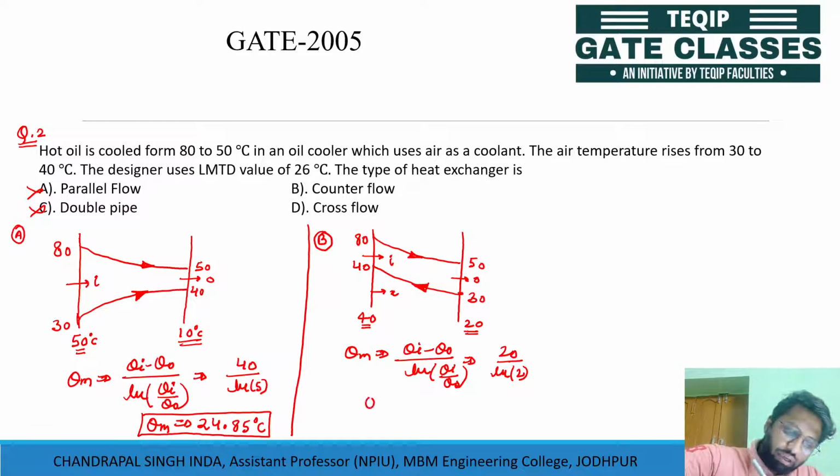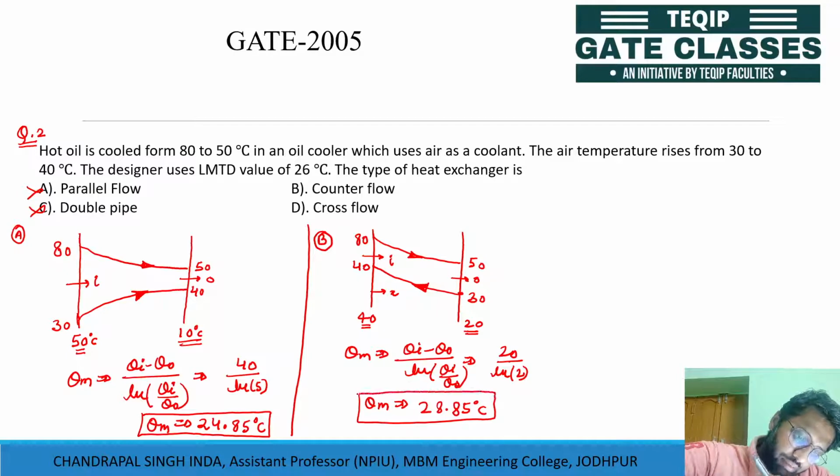So the value of theta mean will be 28.85 degrees centigrade. Here the designed value is 26 degrees centigrade. So the LMTD for the counterflow heat exchanger is more than the given value. So option B is also incorrect.